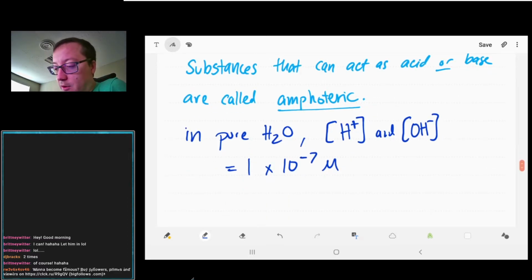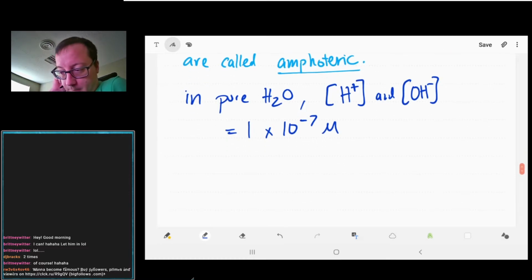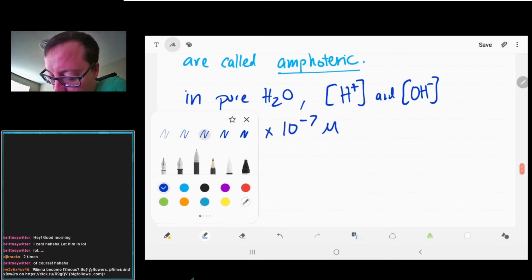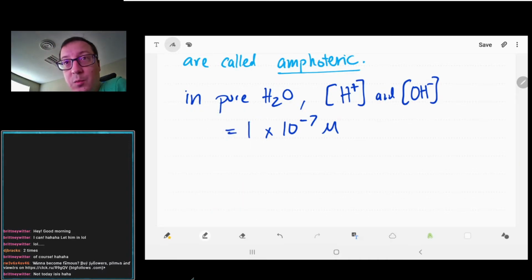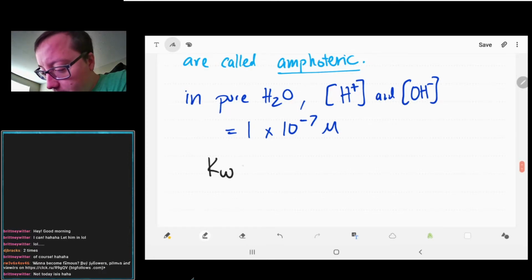And so we're going to see that we have a special relationship here. Because water has this property, we can have a constant associated with it. And we call that constant Kw.